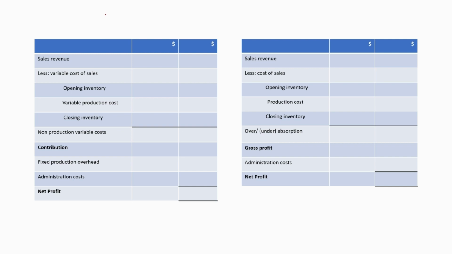You can identify these statements. These are the profit and loss statements. This is for marginal costing, and this is the statement of profit and loss for absorption costing. All of these elements are functional budgets in an organization. As we discussed earlier, we can find each of these functional budgets separately.